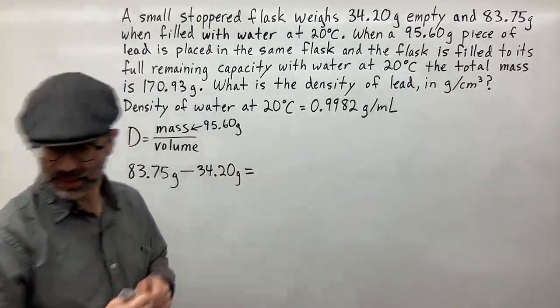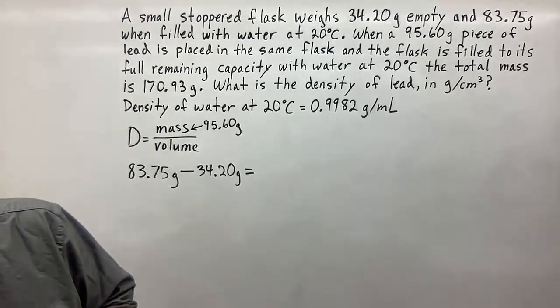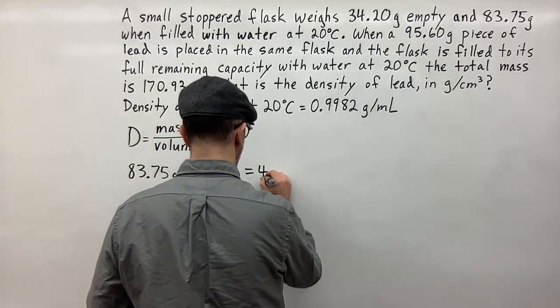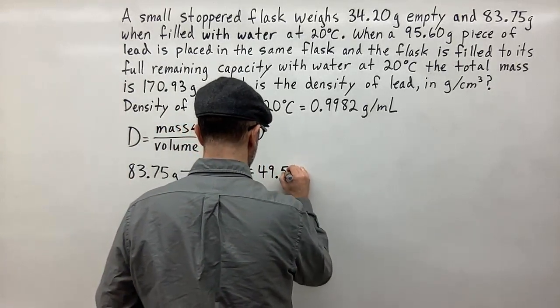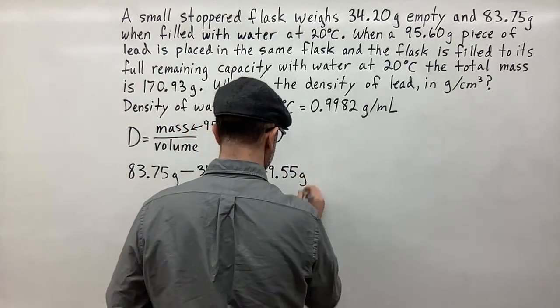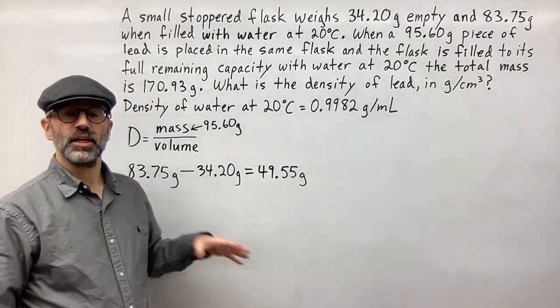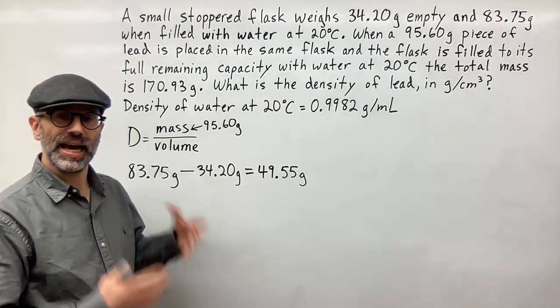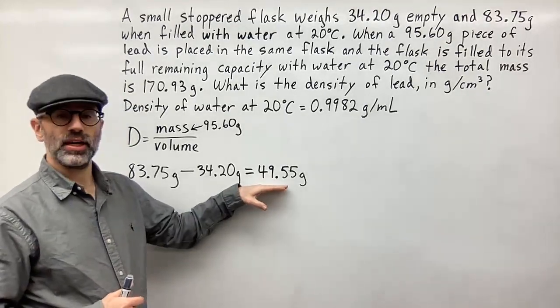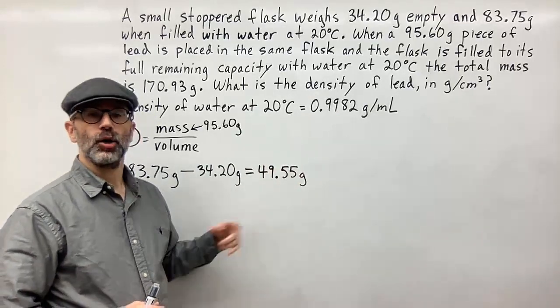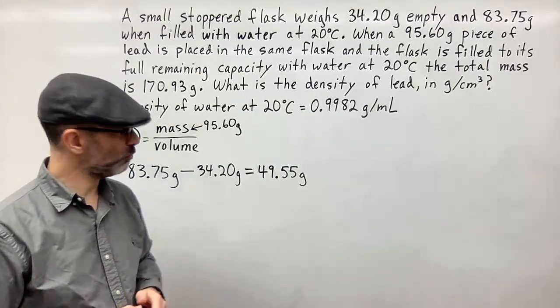And when we subtract those two, we get 49.55 grams. So now we know the mass of the water that fills up the empty flask. And so we can use our density now to convert that to volume of water, which is also going to be the volume of the flask.